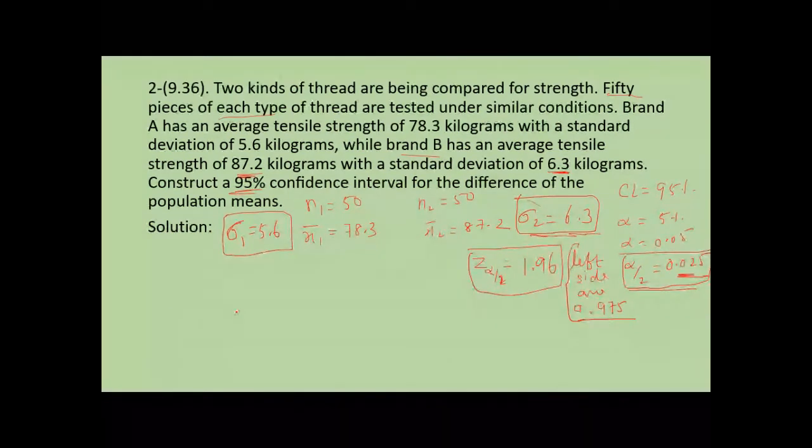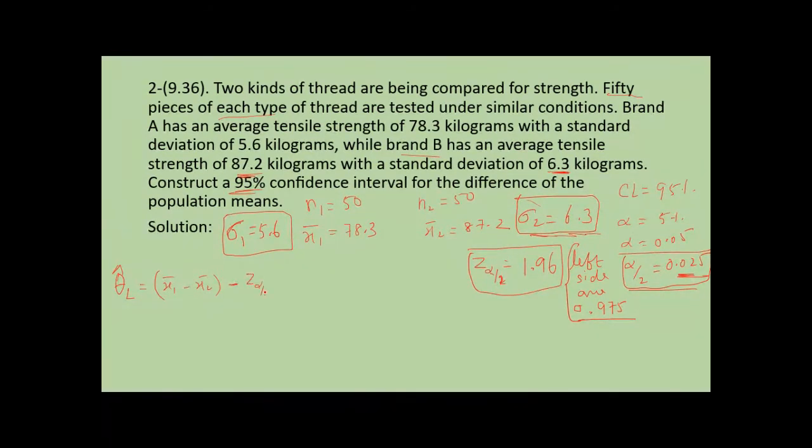Okay, now we write the same formula, upper limit, theta, lower limit. Isn't it? x1 bar minus x2 bar minus z alpha over 2 times the square root of sigma 1 square over n1 plus sigma 2 square over n2.